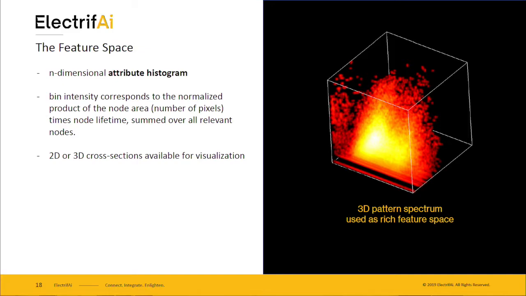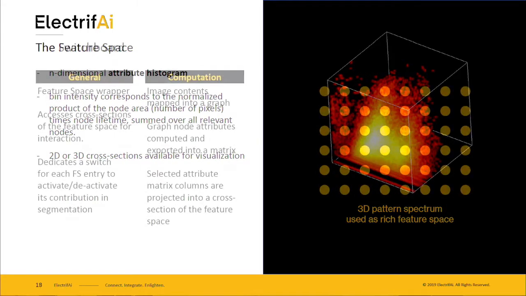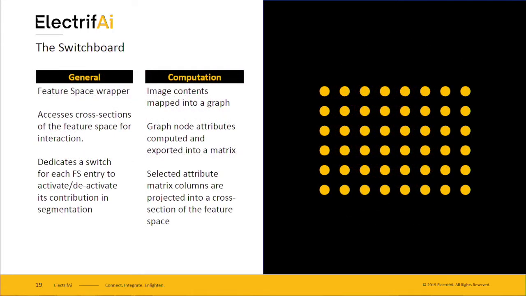And you see here a simple 3D feature space that showcases what happens if you try to extract, out of the image information content, consistent patterns with respect to some shape parameter, size, and intensity. We have 2D and 3D cross sections available for visualization. Here you see one. And lastly, there is the switchboard, which is pretty much a feature space wrapper.